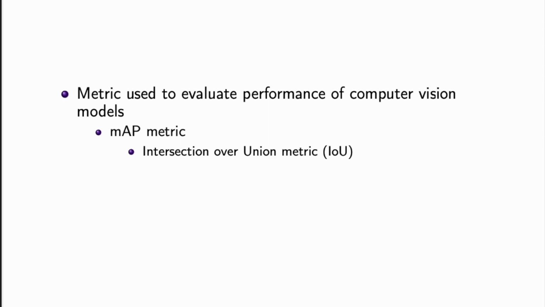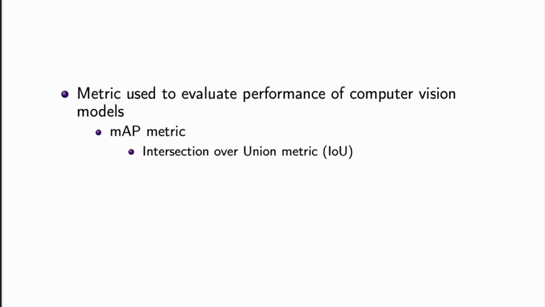So the IOU metric measures the intersection between predicted bounding boxes and ground truth bounding boxes. So the prediction is correct if the IOU, sorry, is superior to a certain threshold, which typically is 0.5 or 0.75. Then the mean average precision measures the accuracy of a model in detecting objects and localizing them accurately in an image. So how is it calculated?